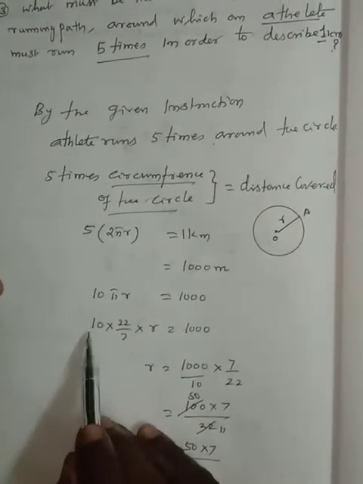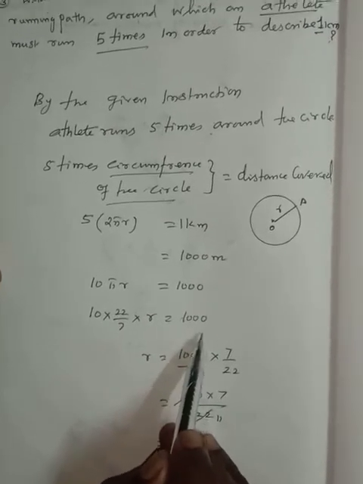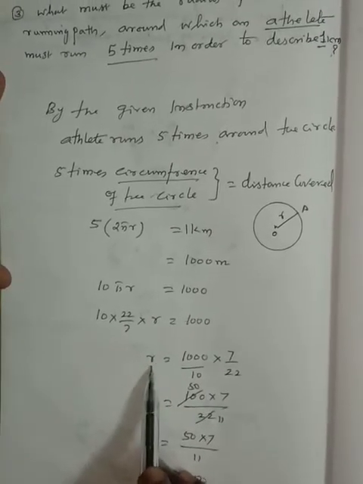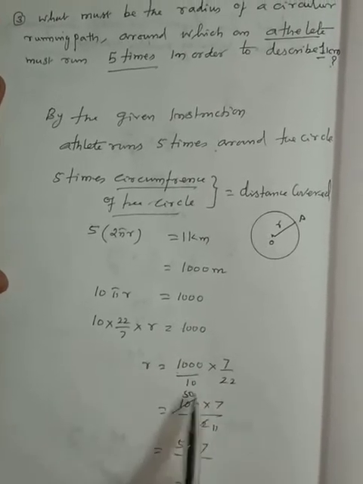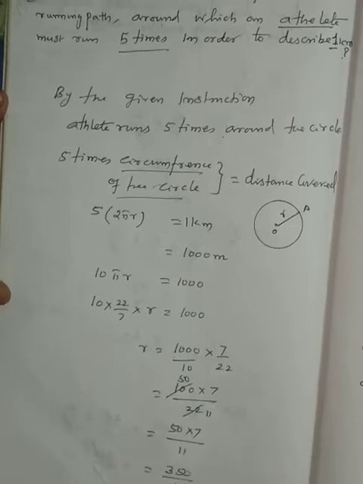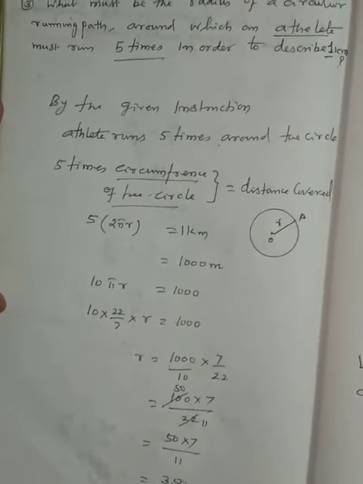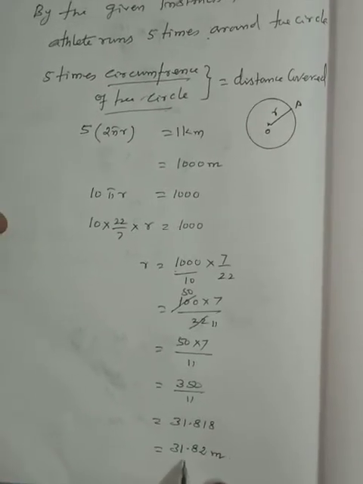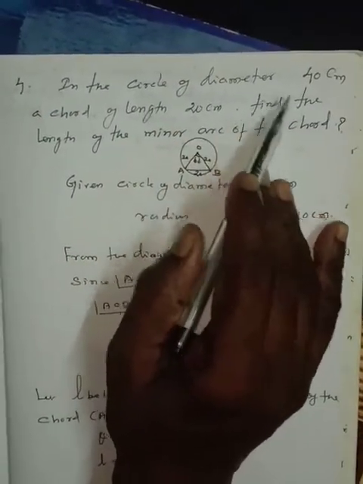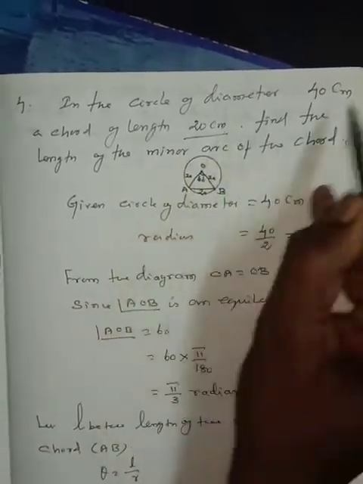Pi value is 22 by 7, so r is equal to 1000 times 7 divided by 220, which gives 350 divided by 11. 350 divided by 11 is 31.8182, which means 31.82 meters.